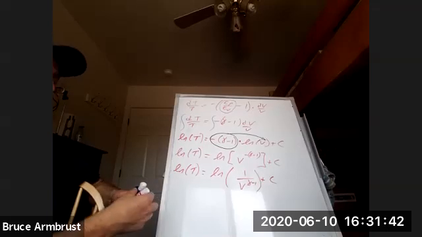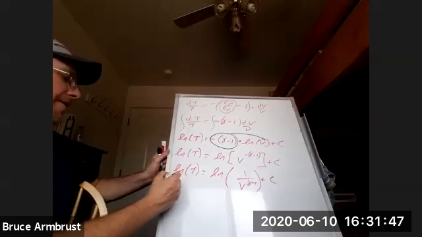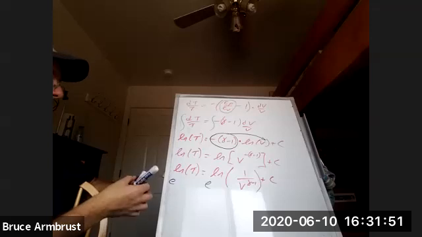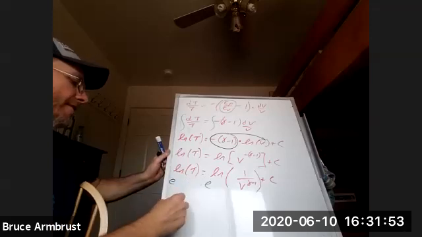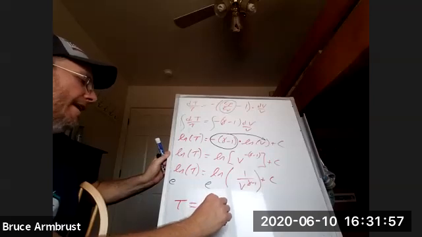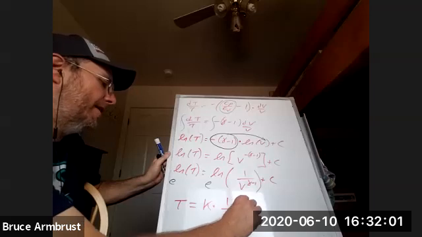And now let's take e to both sides. So this is going to give us T equals k times 1 over V to the gamma minus 1.